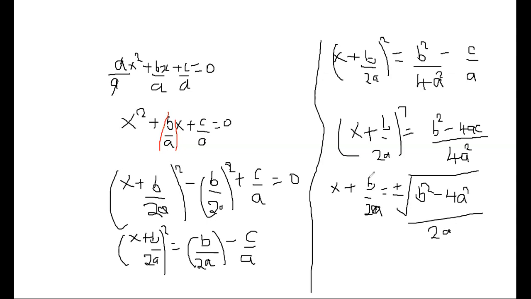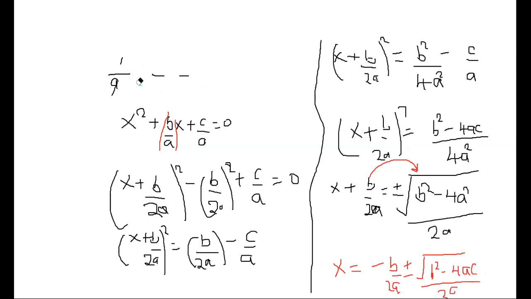So when you take this one to the other side, you are going to have x is equal to, this is plus, so it's going to be minus b over 2a, plus or minus the square root of b squared minus 4ac over 2a. 2a is common for the base, so you can combine that 2a.